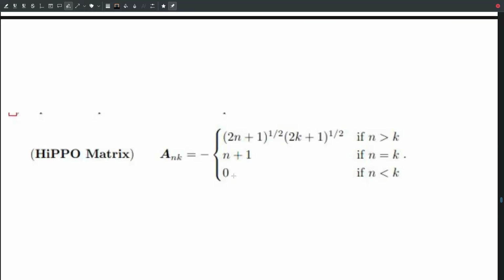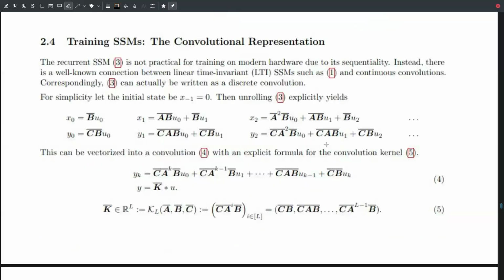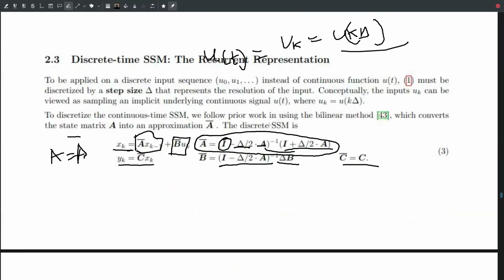So the HiPPO matrix is defined like this. Each entry is like a diagonalized matrix. If you look into the appendix of this paper, you'll get to know it. So this is a recurrent representation at the kth time step.